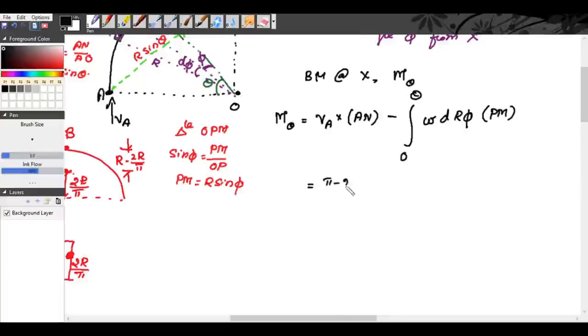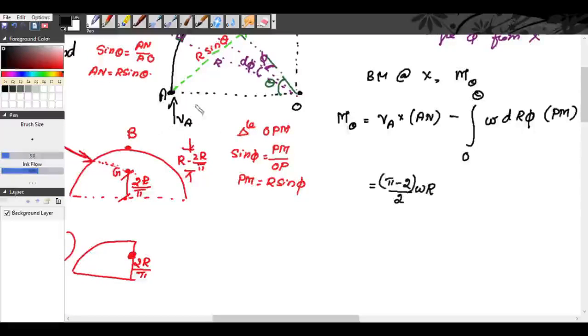So, (π−2)/2 into WR into AN. AN we have calculated as R sin θ.